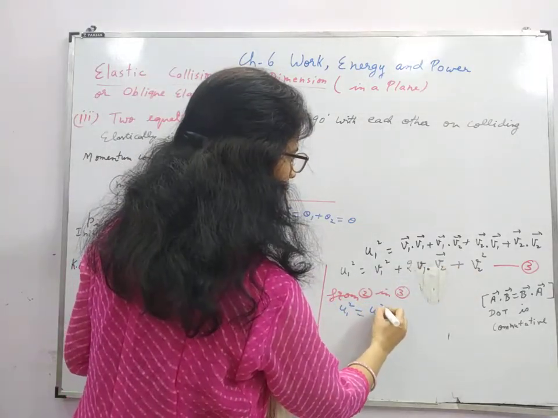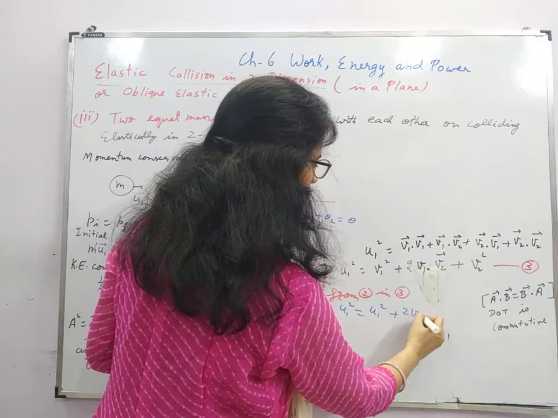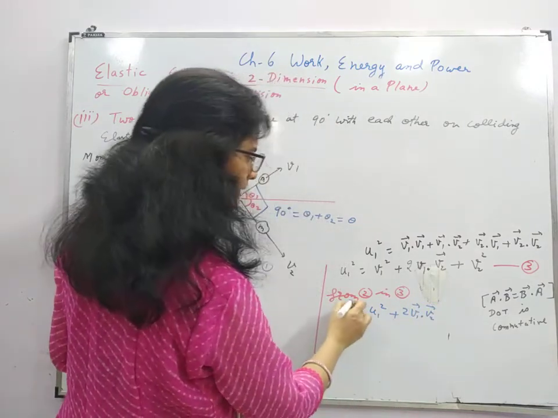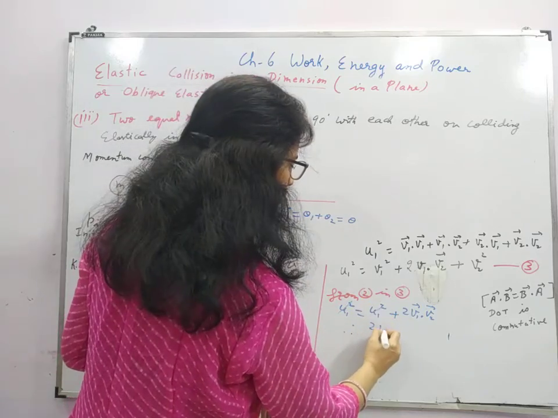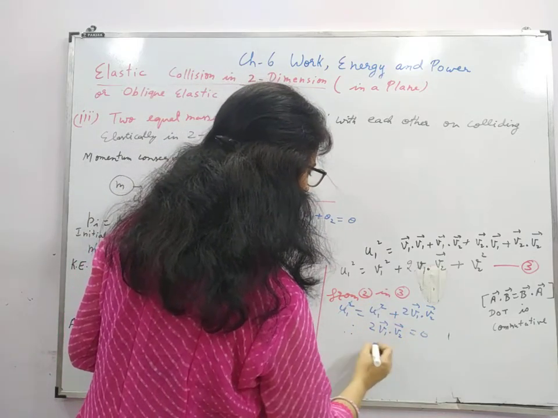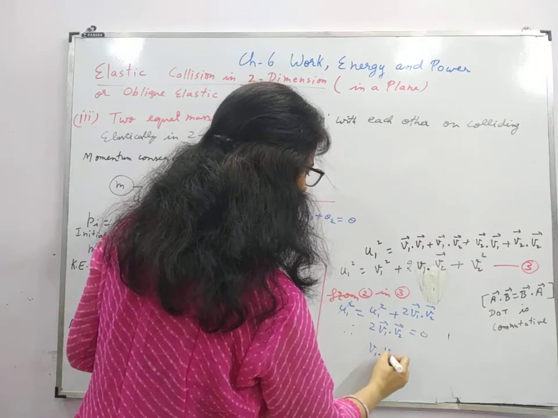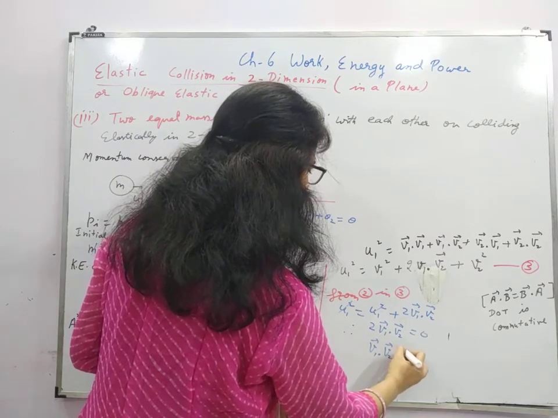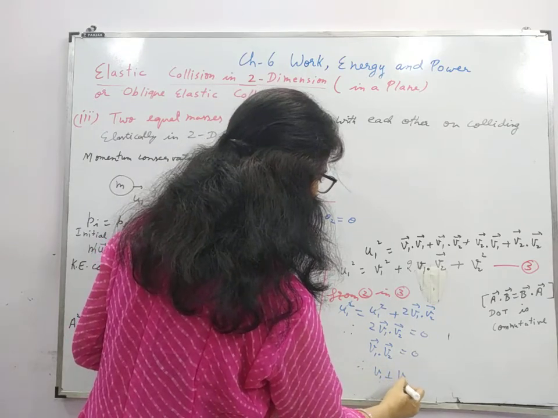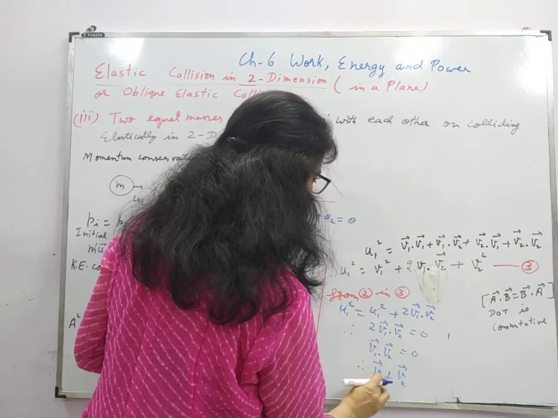So this I am writing u1 square plus 2 v1 dot v2. So therefore this will be cancelled. So this is 2 v1 dot v2 is equal to 0. Therefore v1 dot v2 is equal to 0. Therefore v1 is perpendicular to v2.